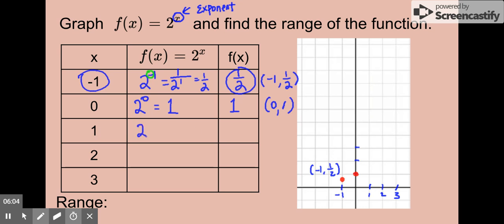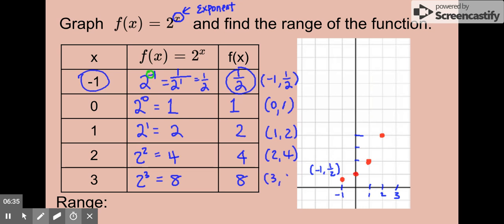When you plug in 1, 2 to the first power, 2. So 1 and 2. Now you see the values are increasing. When you plug in 2, 2 to the second power, 4. So 2 and 4. What if you plug in 3? 2 to the third power, 8. So when you plug in 3, the output is 8. 8 is here.